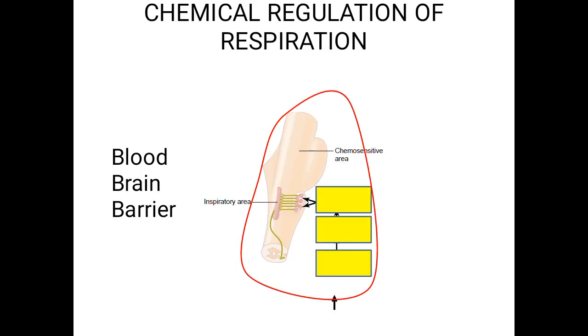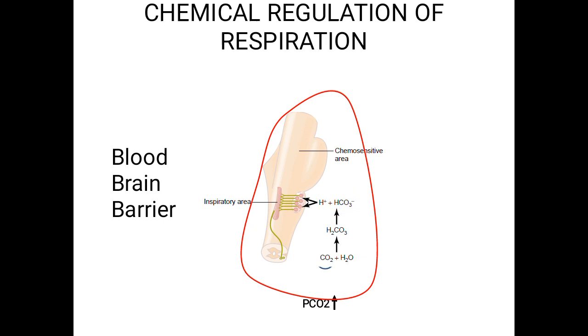You can see this is the blood-brain barrier, but we have alternatives for how the central chemoreceptors get stimulated. In the blood we have carbon dioxide. If there is an increase in PCO2, it will enter across the blood-brain barrier. CO2 combines with water to form H2CO3, which dissociates to form H-ions and HCO3.